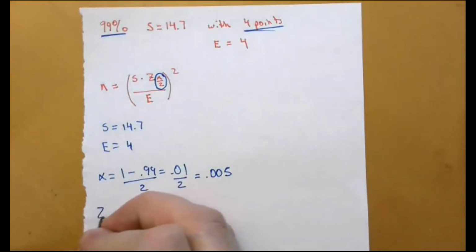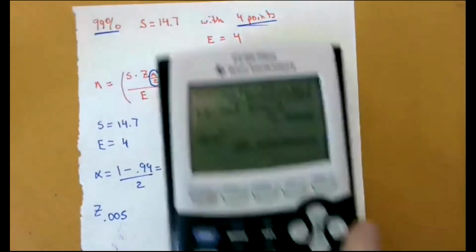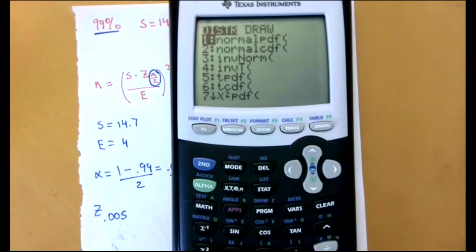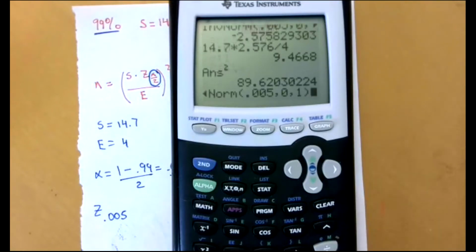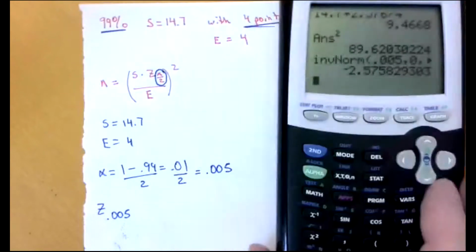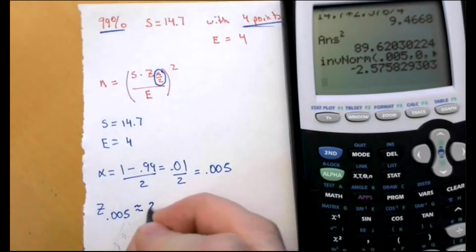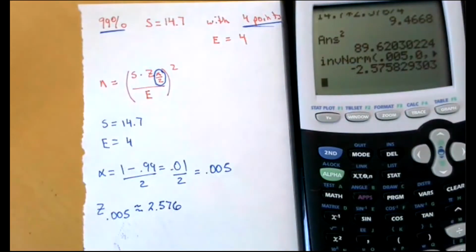So what I need then is Z with an alpha of 0.005. I go to inverse norm, where I had plugged it in already, and I get negative 2.5758 something. Let's just round it. I think 3 decimal places are going to be okay in MyStatLab. That's what I used. I think if you do 2 or 1 decimal places, it'll count it wrong.